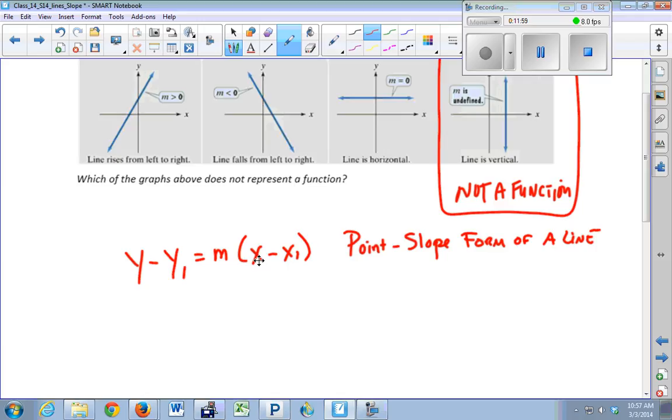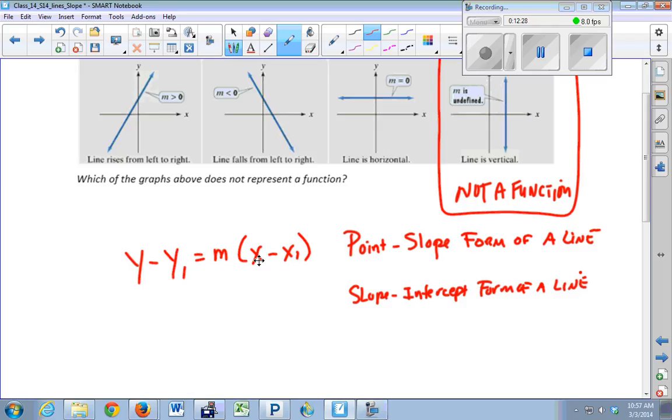The other equation we're going to look at is called the slope intercept form of a line. And this is the form that most of you come out of high school knowing the best, or at least you can say what this equation looks like most often.